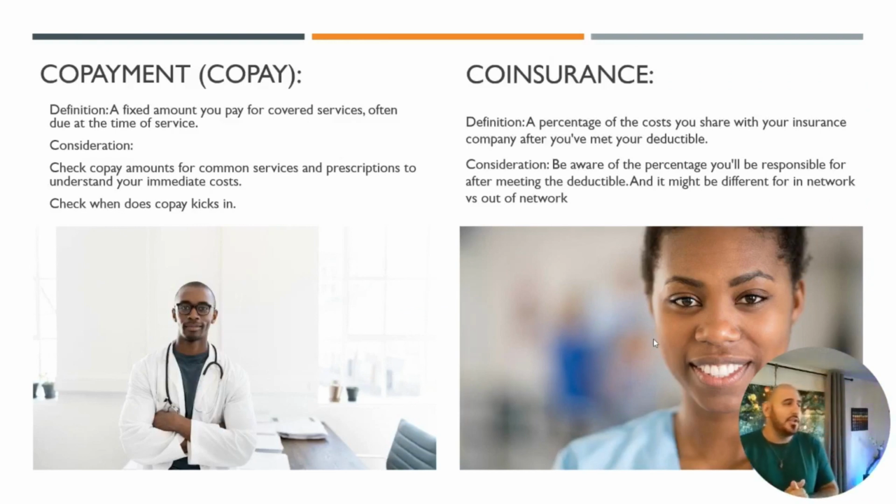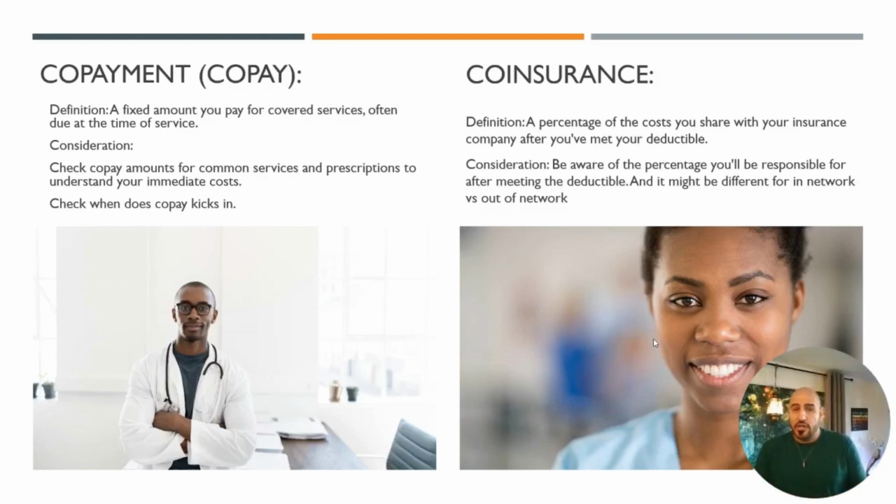So here we have the copay versus the co-insurance. The copay is the fixed amount you will pay every time you have a service. So the consideration is to check copay amounts for common services and prescriptions, and sometimes for other services. So make sure how much your copay will be.